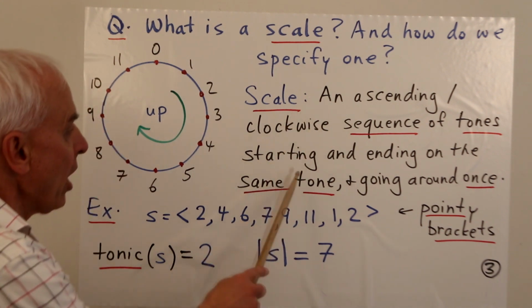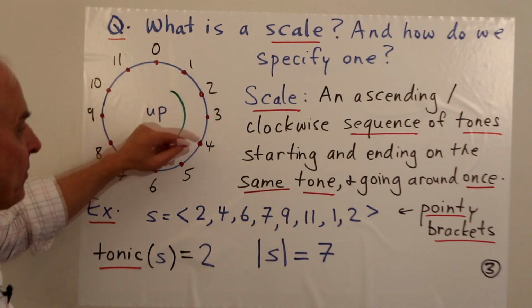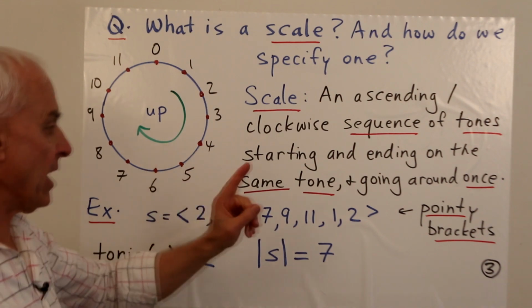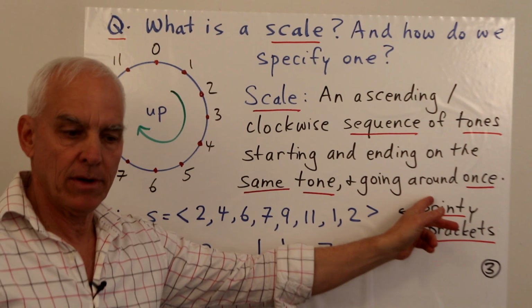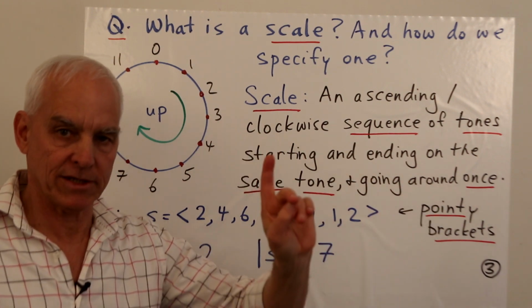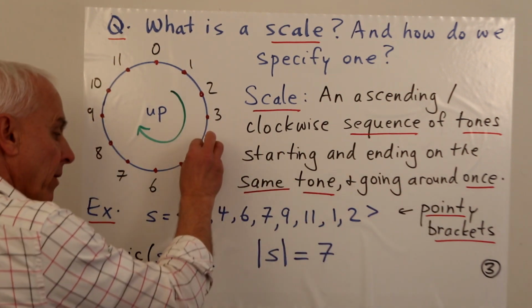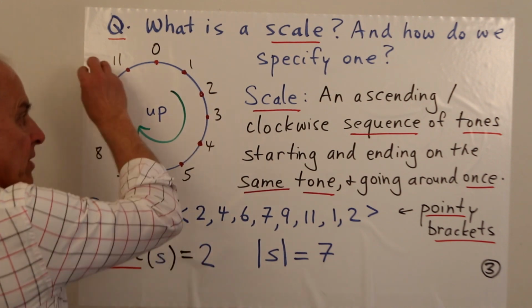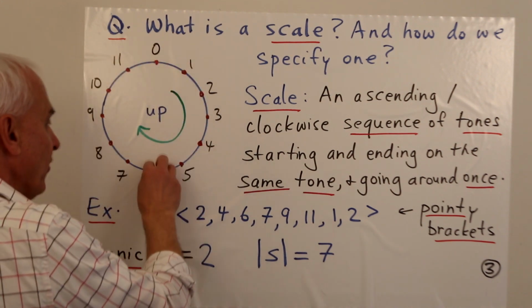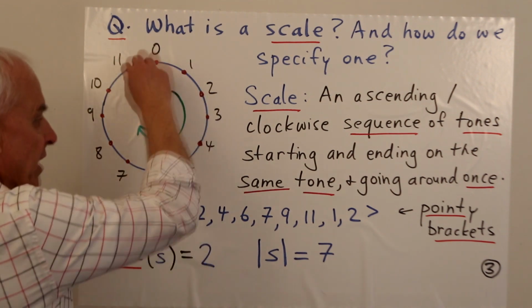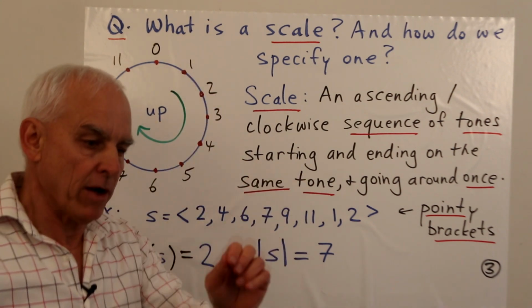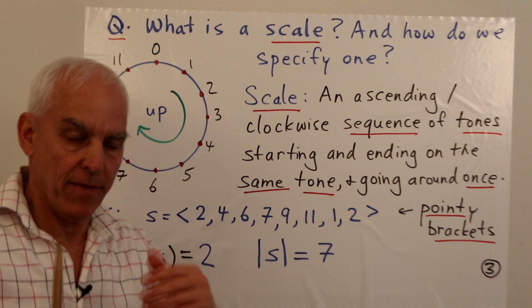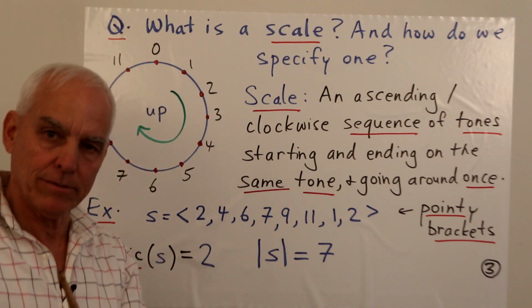It's an ascending or clockwise sequence of tones, starting and ending on the same tone and going around exactly once. So we start somewhere and then we go around, we choose a sequence in this direction until we get back to where we started, and we've gone around exactly once. And that's what we're going to call a scale.